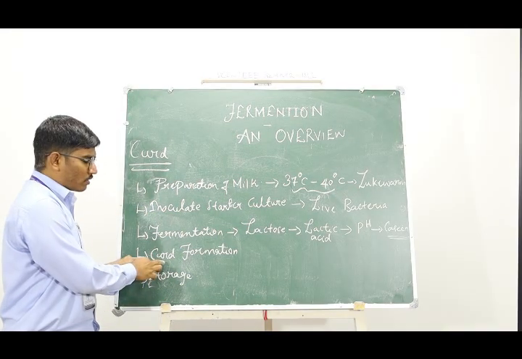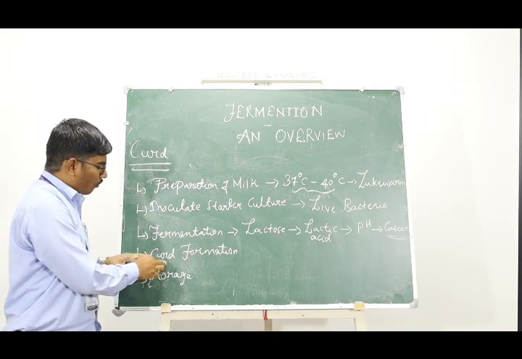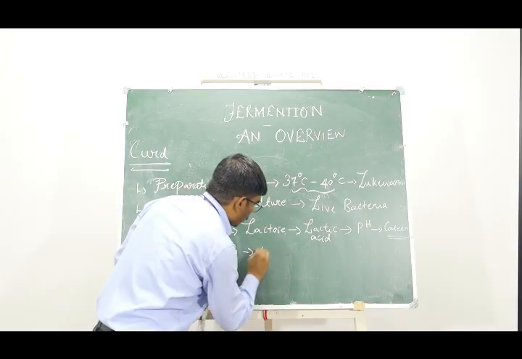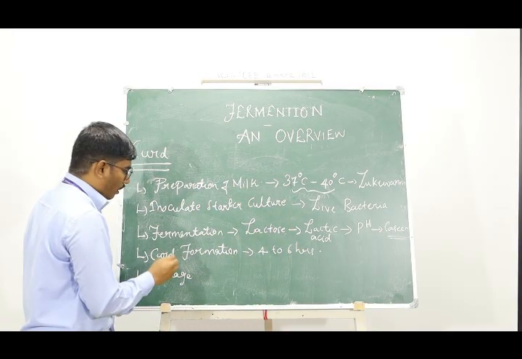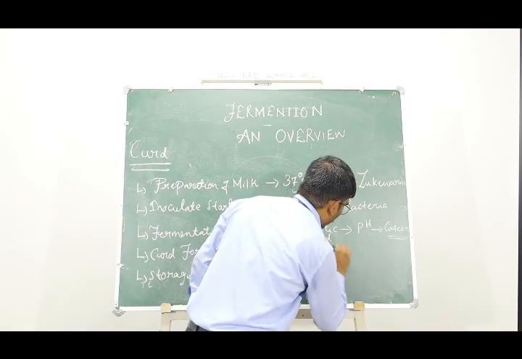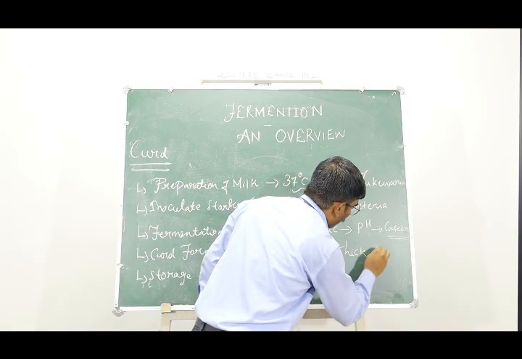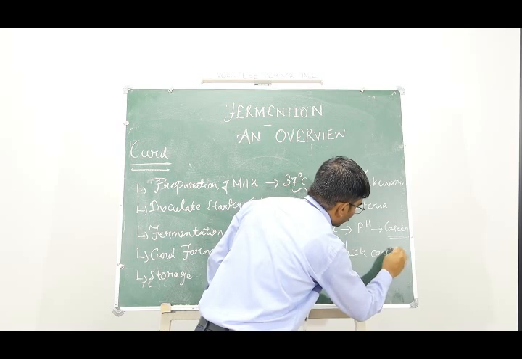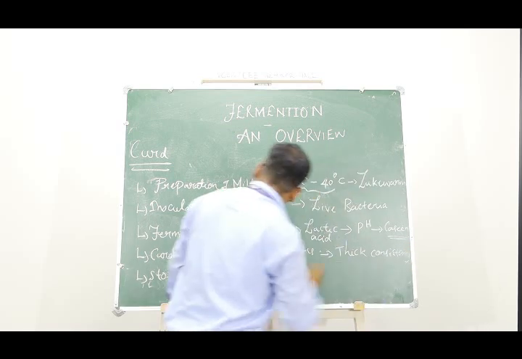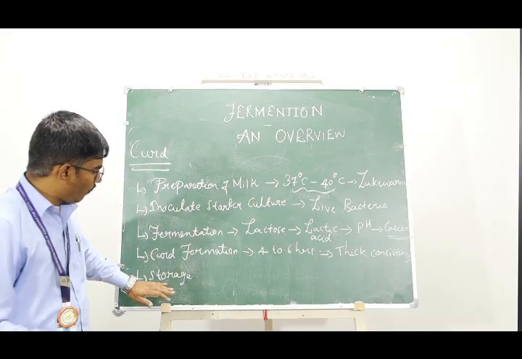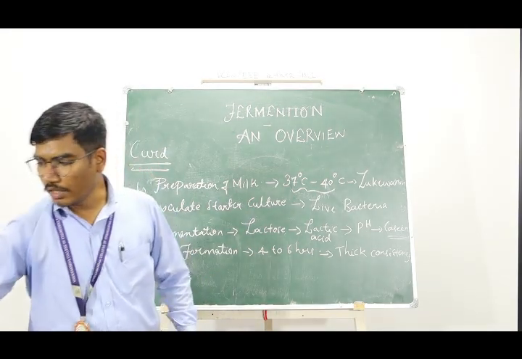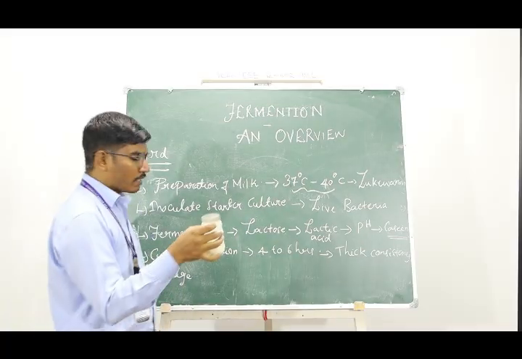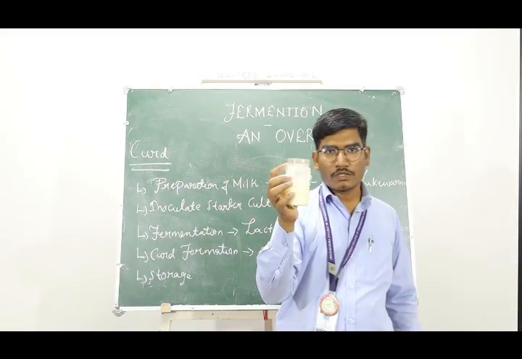And the last step is curd formation. The formation of curd will require some 4 to 6 hours, and that way the thick consistency will be formed. The last step is storage. We store it in order to control the growth of microorganisms.